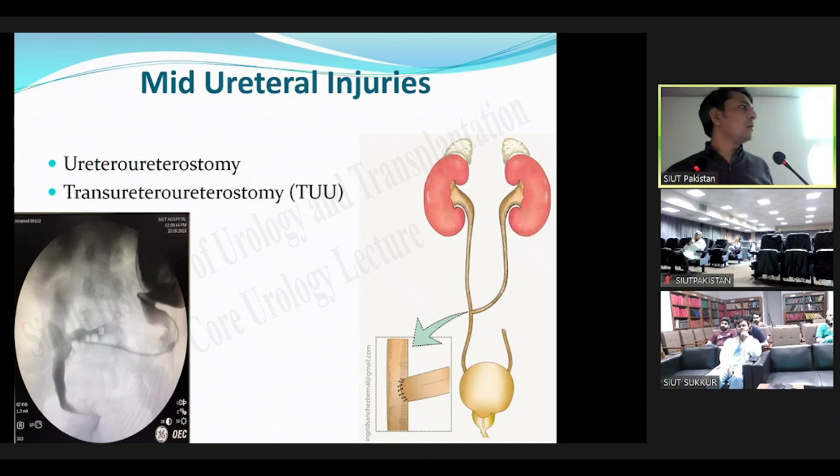So the only absolute contraindication is when we don't have enough length to bring it to the recipient side. The relative contraindication, as the doctor mentioned, is nephrolithiasis, because there will be difficulty passing a scope retrograde. The others are retroperitoneal fibrosis, radiation, genitourinary tuberculosis, and urothelial malignancy.